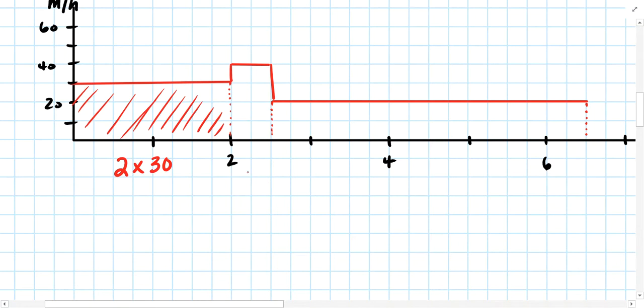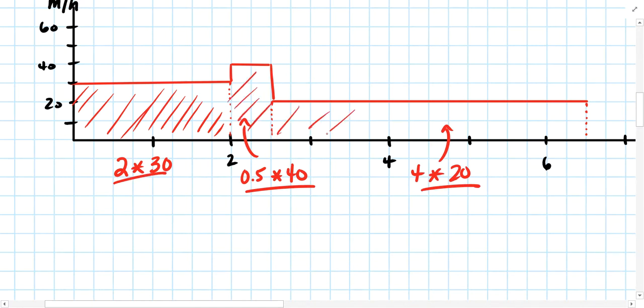This area is half of an hour wide by 40 miles per hour tall, and then this guy over here is 4 hours wide by 20 miles per hour tall. And certainly when we're talking about the areas of these rectangles, the grand total also equals 160.